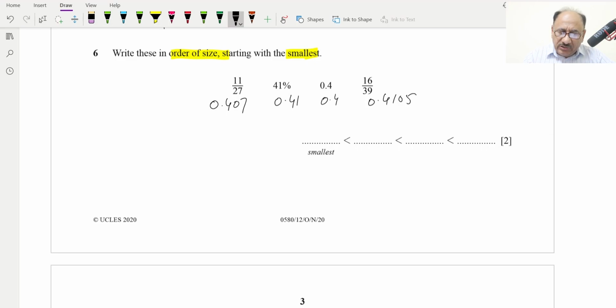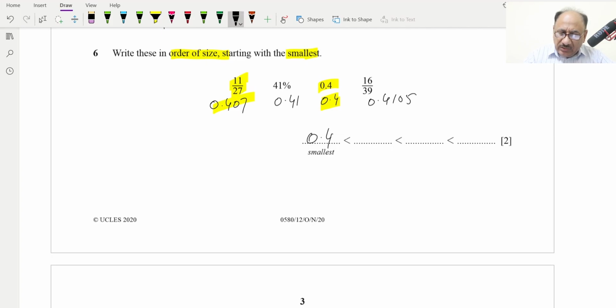So the smallest one is basically this number. So we will write over here 0.4, and the next number is 0.407. This one will be the next one.